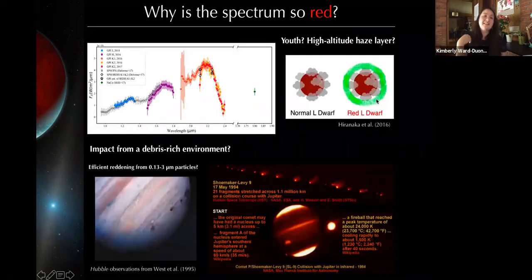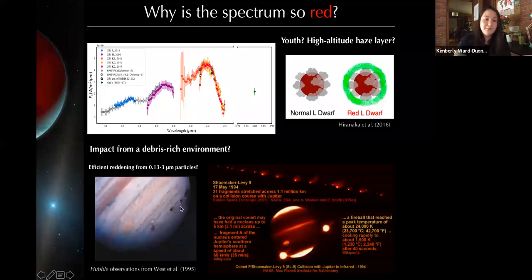So we wanted to understand exactly why the spectrum is so red. There are some really interesting hypotheses for this. One of which is that we think that very red L-type brown dwarfs are likely to have a very small, high-altitude, submicron haze layer. And we know that this object exists inside a debris disk, so there's lots of dust in its native environment. One of the questions we have posited is, could this actually be a signature of an impact event?